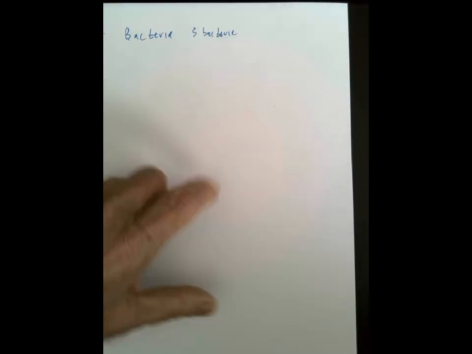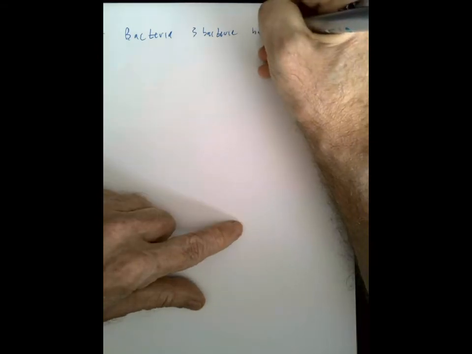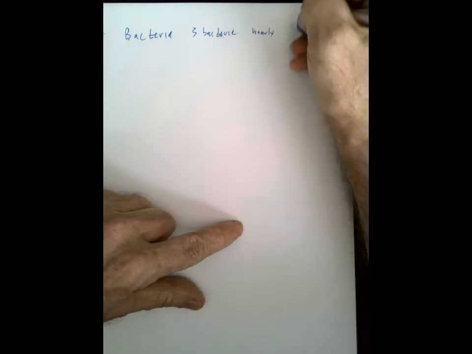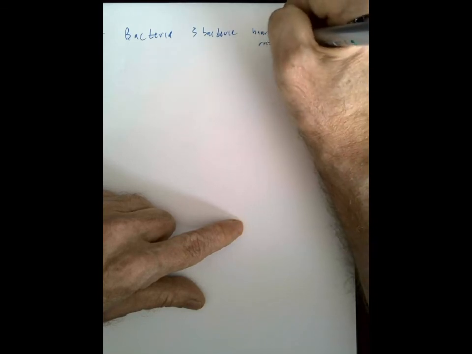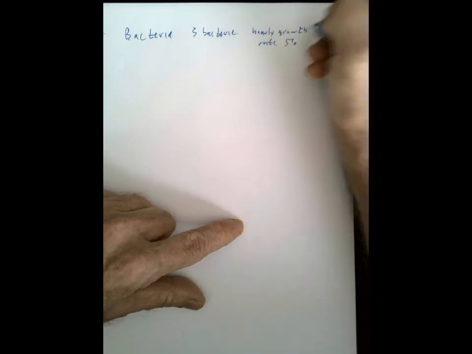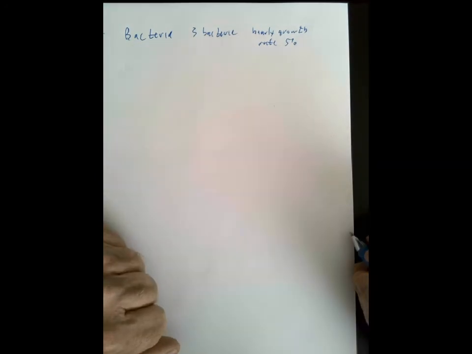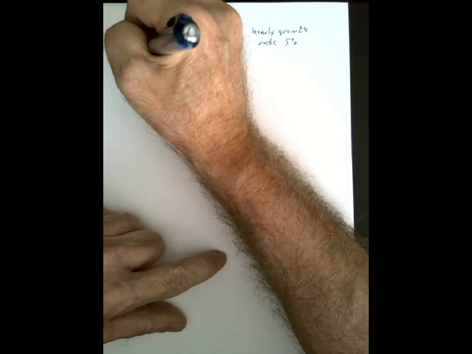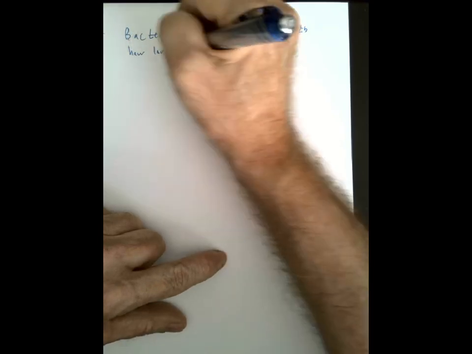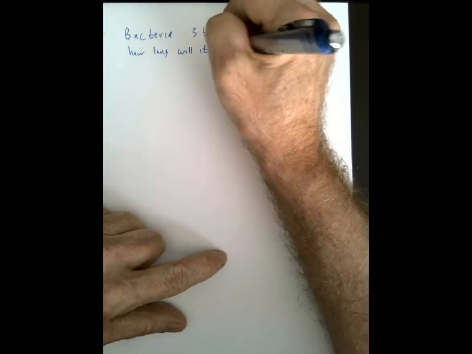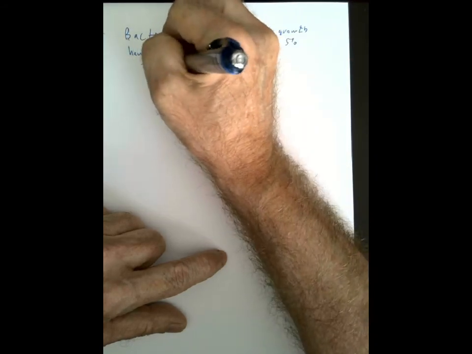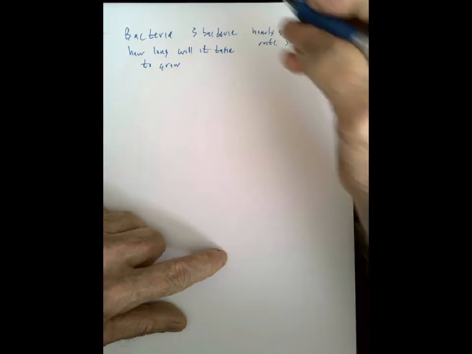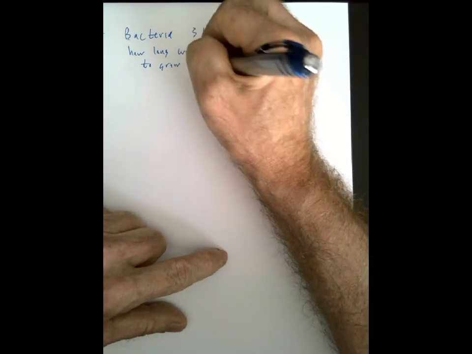And we said that the hourly growth rate was 5%. And now our question is going to be, if that's the case, how long will it take for the bacteria population to grow to 1,000 bacteria?